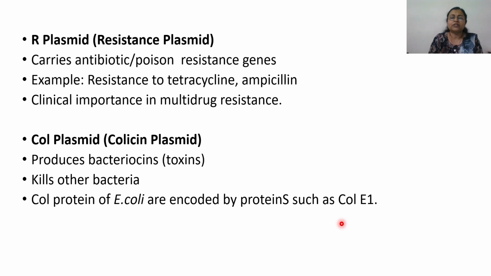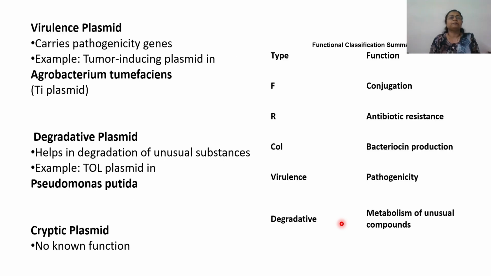Such a bacteriocin has the ability to kill other bacteria which are in competition with the organism for nutrition or for shelter, etc. These bacteriocins are nothing but proteins possessed by E. coli and encoded by the col E1 plasmid.